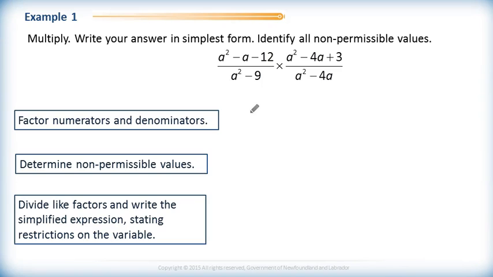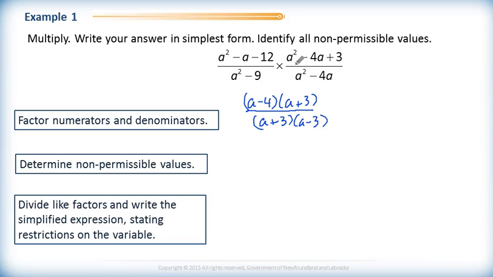We'd like to apply the same sort of thinking to the multiplication of two rational expressions. We factor this numerator as a minus 4, a plus 3. The denominator here is a plus 3, a minus 3.